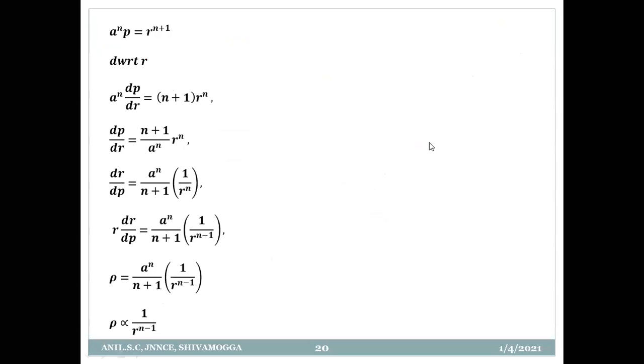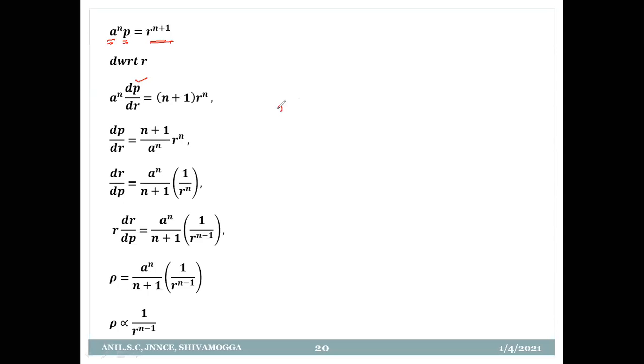Now we shall find the radius of curvature. To find the radius of curvature, differentiate the pedal equation with respect to r. Here a power n is a constant, keep it as it is. The derivative of p with respect to r is denoted by dp by dr, which is equal to the derivative of r power n plus 1, that is n plus 1 into r power n plus 1 minus 1.